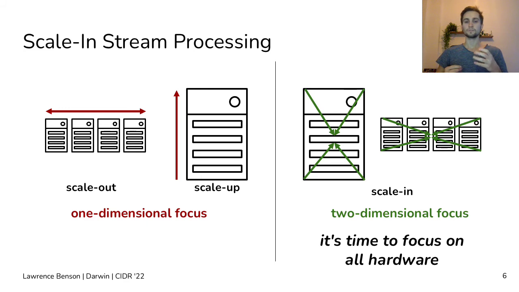Let's say you have a certain SLO, you want to process a certain amount of data per second. Then we don't want the system to limit us on that choice, but we want to say, okay, this is what I have. What kind of configuration, what kind of setup do I need to achieve this? A scale-up or scale-out system will limit you in the setups you can use. Just using beefier servers in a scale-out system will probably not be beneficial because the bottlenecks are somewhere else.